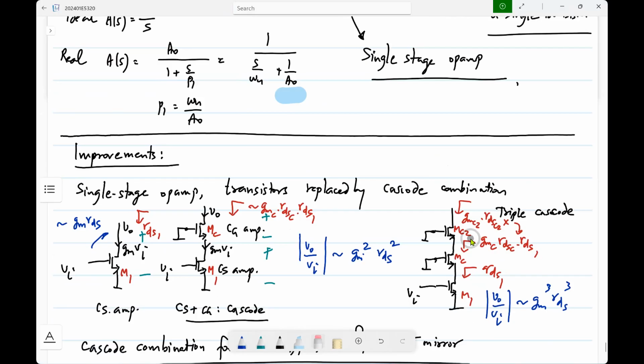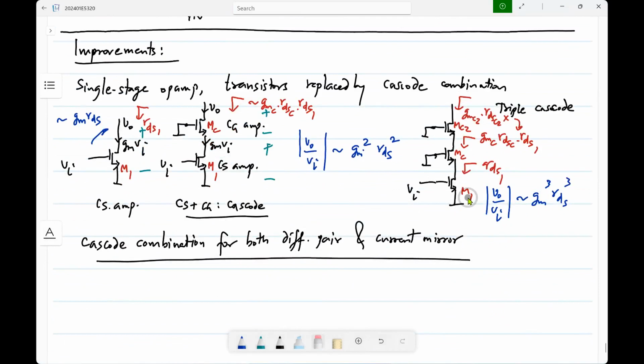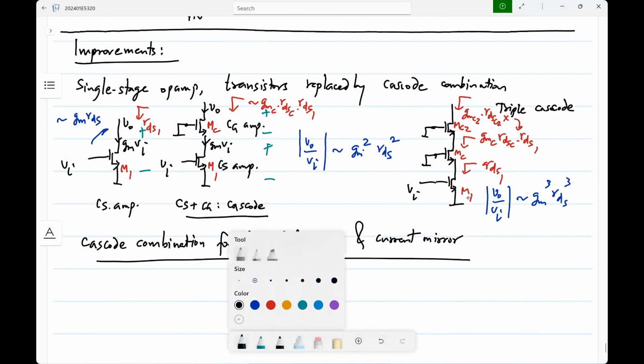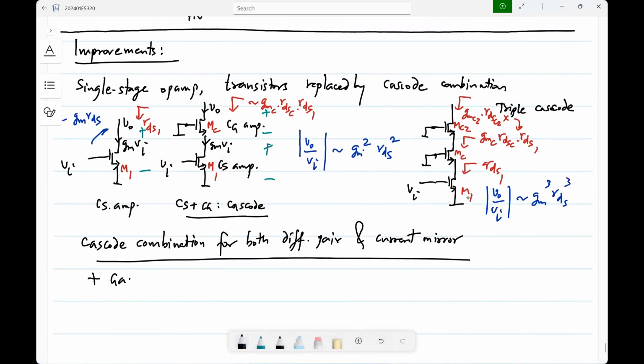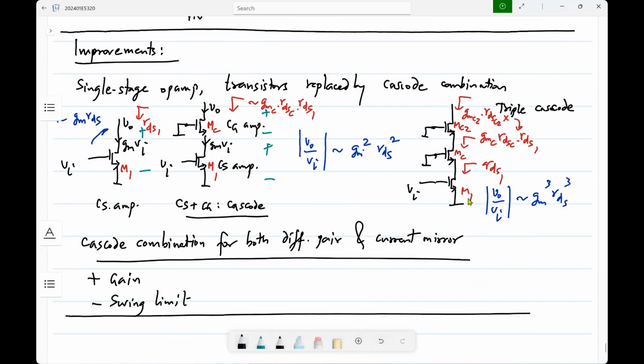You have seen that the common gate device's noise doesn't contribute to the output significantly. So noise wise, actually, it's not different from what you had earlier. We will see those details. So typically, the advantage is gain and the disadvantage is swing limit.